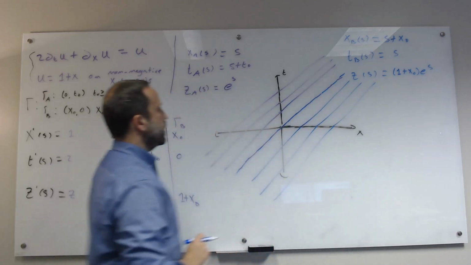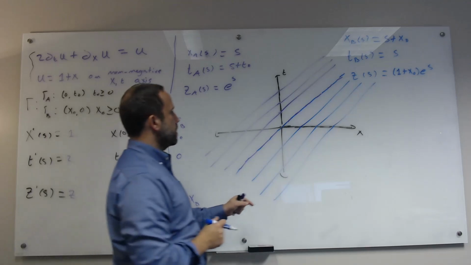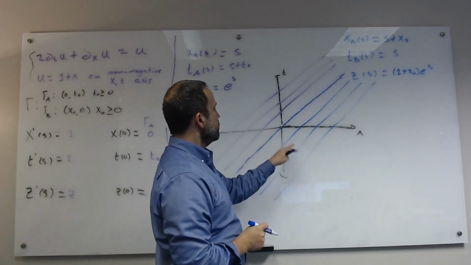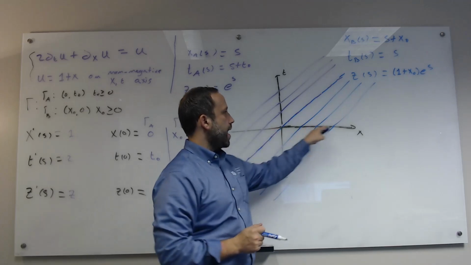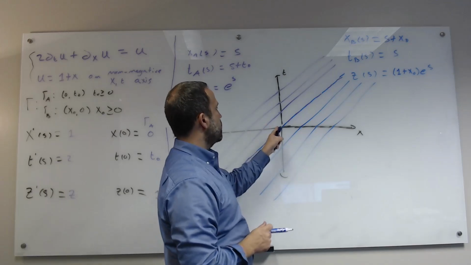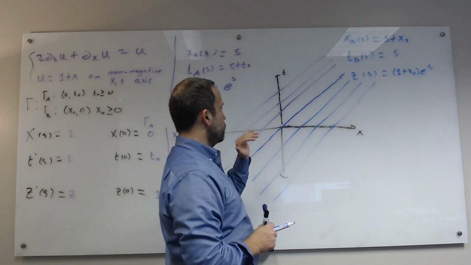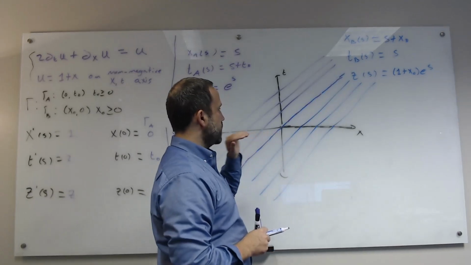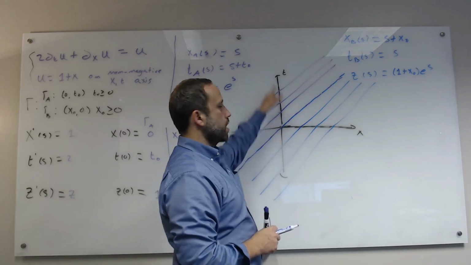Okay, and I hope it's clear that each one of these lines, aside from this one right here, all of the blue lines are only going to intersect the curve gamma on the x-axis. All of the purple lines are only going to intersect the gamma curve on the non-negative t-axis. Okay, so the blue lines intersect the gamma curve only on the x-axis. The purple lines intersect the gamma curve only on the positive t-axis.